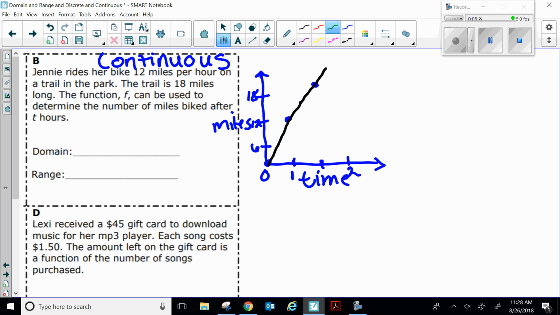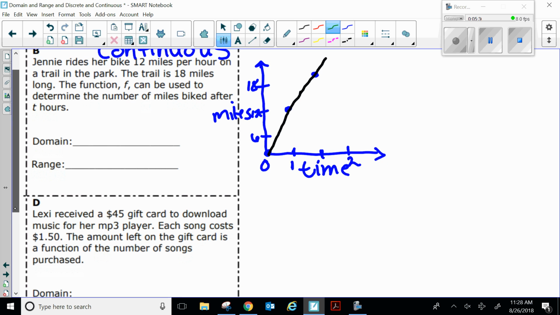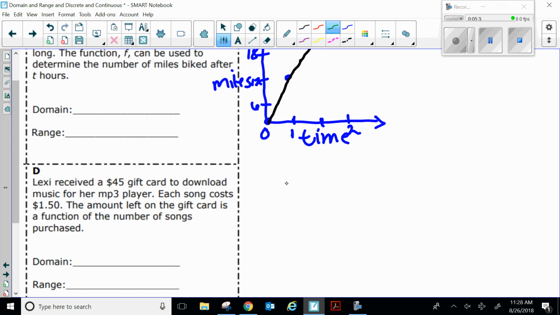Now let's look at Lexi. Let's think about how we would graph Lexi. So Lexi received a $45 gift card, and she's going to purchase songs. So let's say this is the number of songs she's going to purchase. And this is the amount on her gift card.